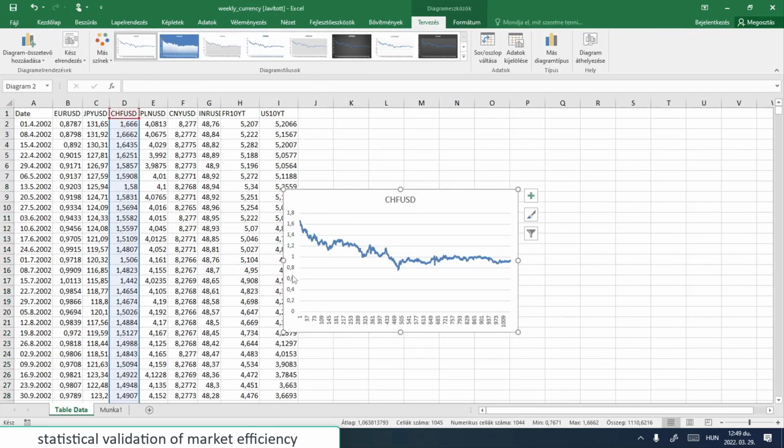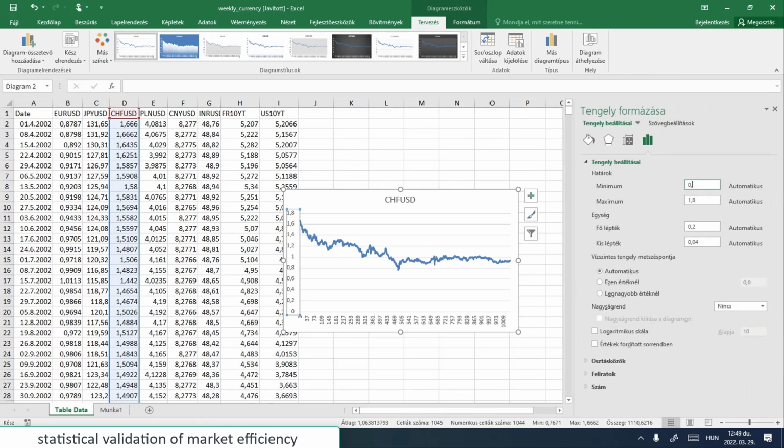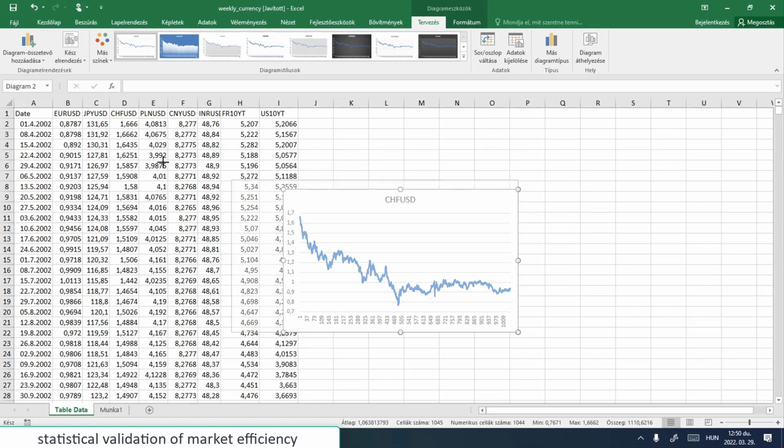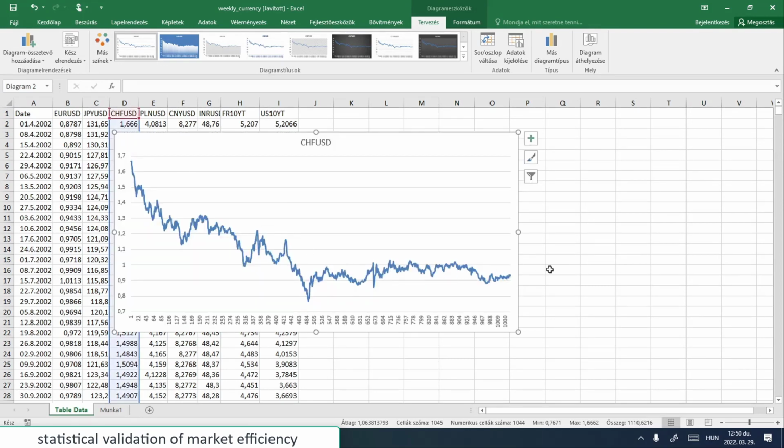Oh, we have to scale this up. This way is where appreciation happens, and we can see that this was quite a dramatic issue for the Swiss currency and also Swiss companies, because if you are exporting something to the US or Eurozone, you have to be able to compensate for all these changes in the exchange rates, otherwise you are losing your competitiveness.